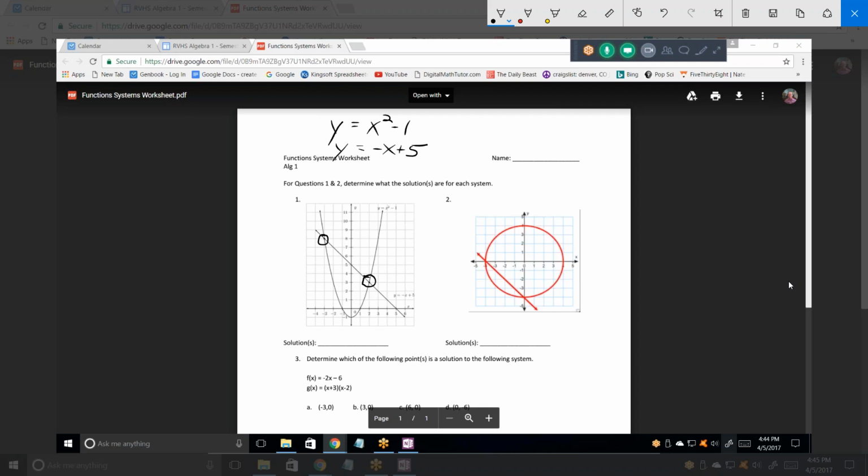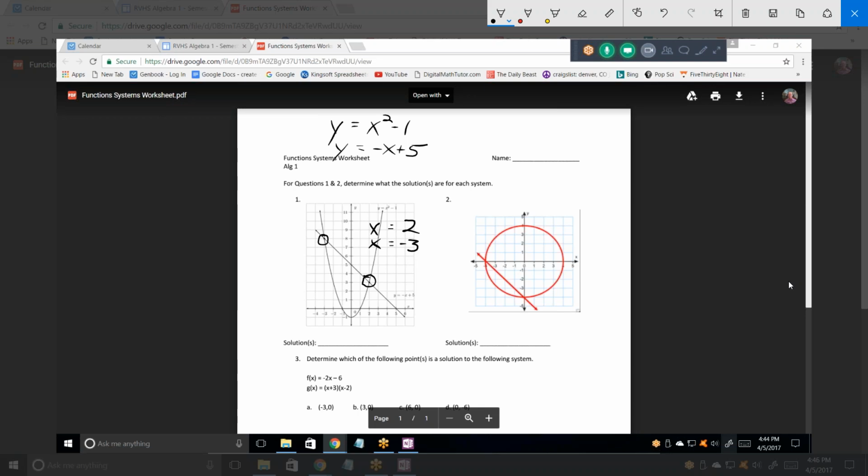All right. So that's one thing we can do, and since they gave you a graph, I don't see any reason for us to do anything but that. All right. So the solution for that problem is x equals 2 and also x equals minus 3. All right.